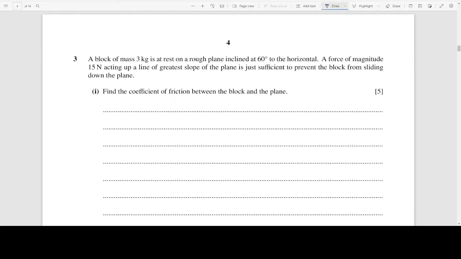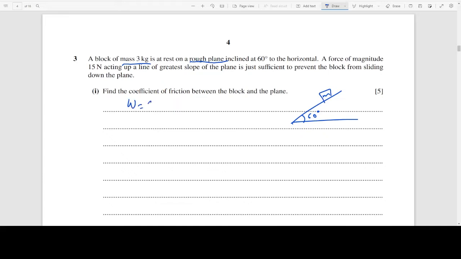A block of mass 3 kg is at rest on a rough plane inclined at 60 degrees to the horizontal. So again we have a plane at 60 degrees to the horizontal, a rough plane.